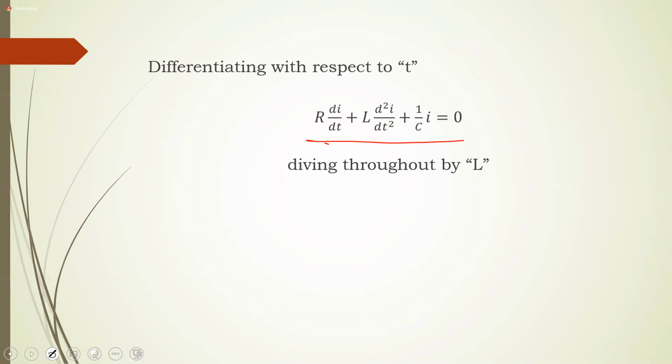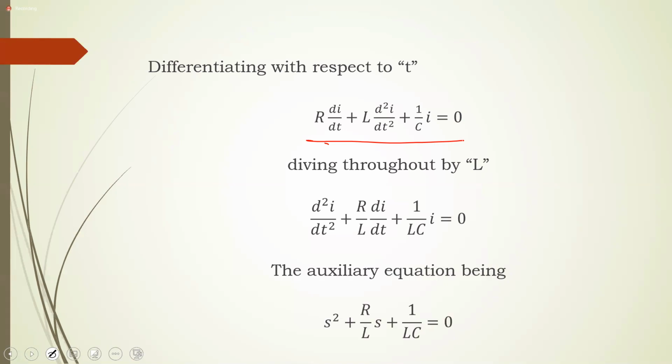Dividing through by L, making the coefficient of the second differential 1, we have d2i/dt squared plus R over L di/dt plus 1 over LC times I, which gives us an auxiliary equation of S squared plus R over L times S plus 1 over LC.